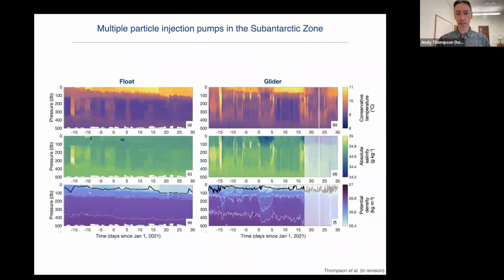And if you look at the density distribution from the glider, you can see that we were sampling across the edge of these mesoscale features due to the displacement in these different density surfaces. And I should say that this structure that you see in the glider is there, even though the glider was never more than, say, a few tens of kilometers away from the float during most of the sampling.